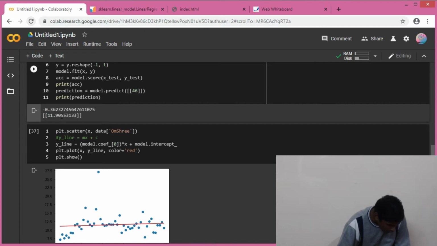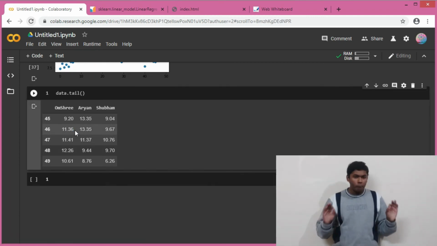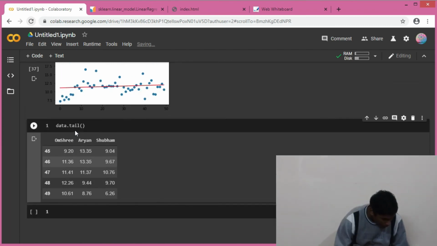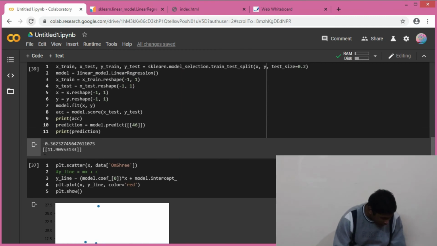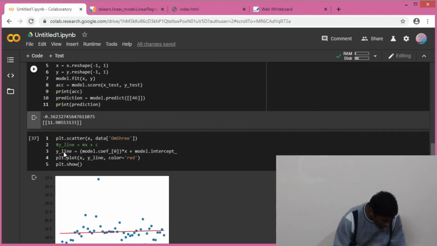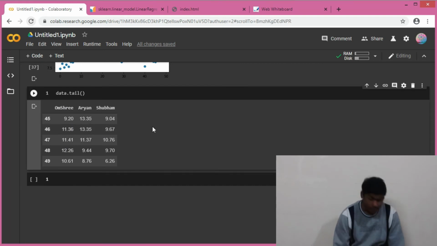Yeah, so it's at 11.9, almost 12. On 46, it's 11.36. Whoa, amazing accuracy, right? I'm just a little overwhelmed by this. It says 11.90 and the actual time it took was 11.36.